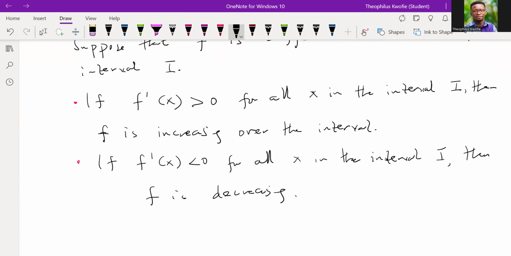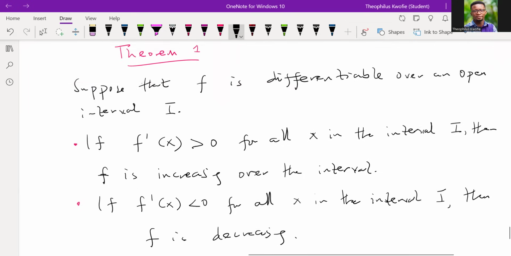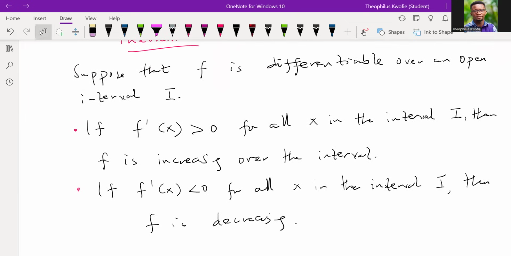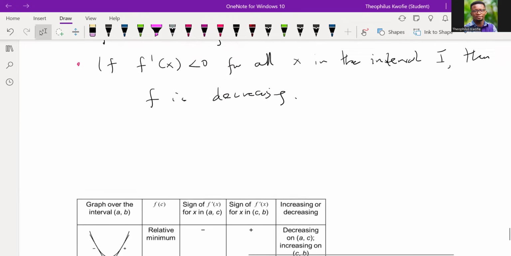So I want us to take note of these theorems. We will take our time to go through them, so that it wouldn't be a bother for you.